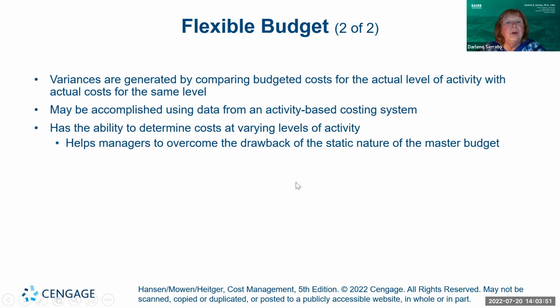They would be greater because we're producing 2,000 more units. So that's why we want to restate that budget for the actual activity level of 12,000 units.